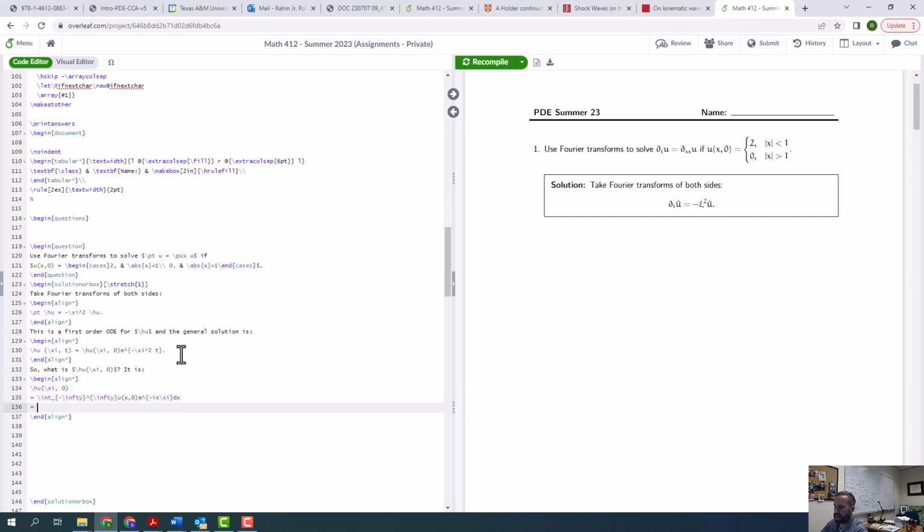Okay, but this is just equal to, well, u of x, 0 is just going to be this function here, which I'll call g of x.